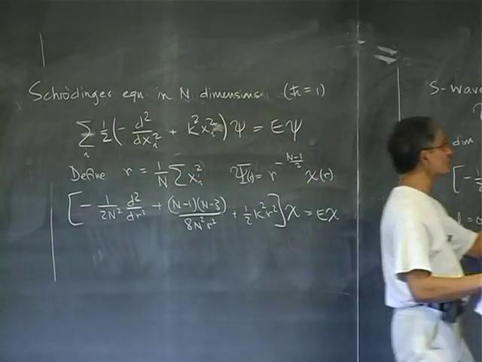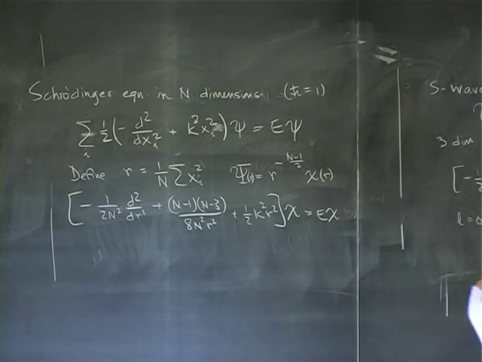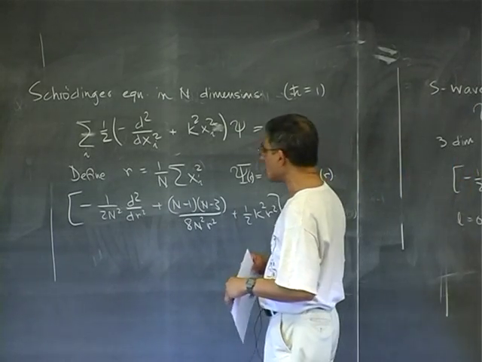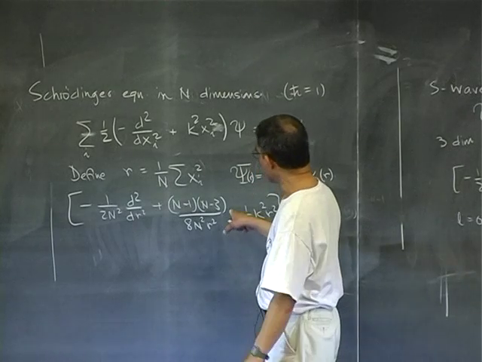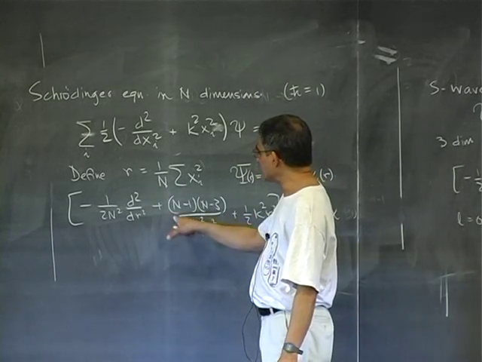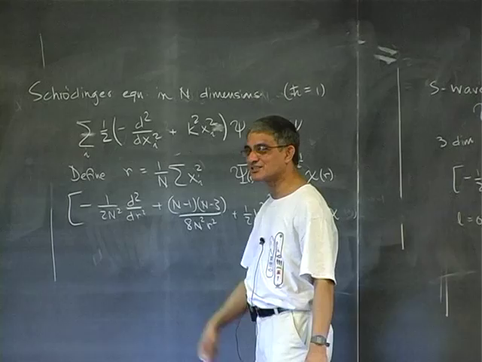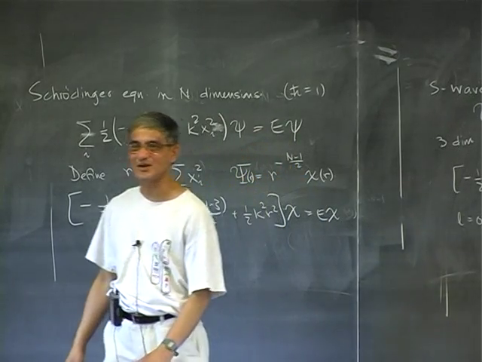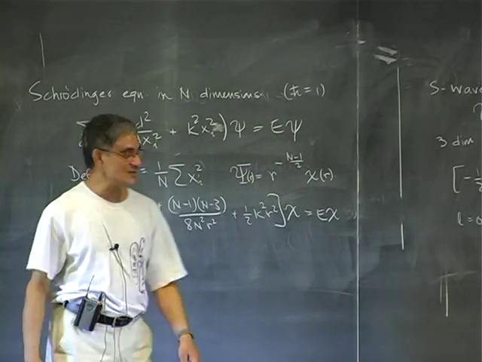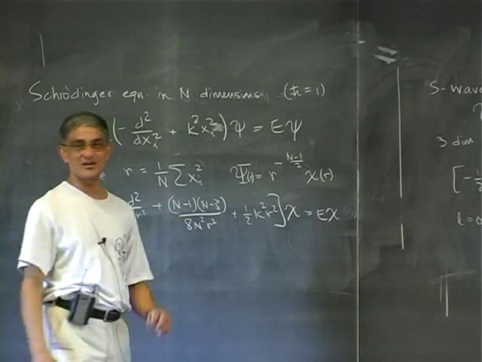This is the analog of that equation. I put L equal to 0, everything is only a function of r. And the interesting thing to note here is that there is still a 1 upon r potential which comes out of the problem unless the dimensionality is 1 or the dimensionality is 3.